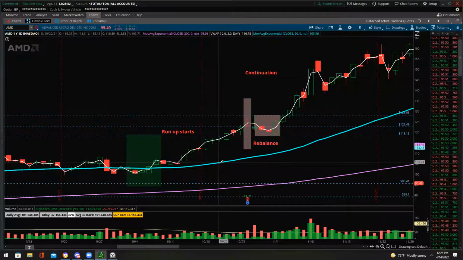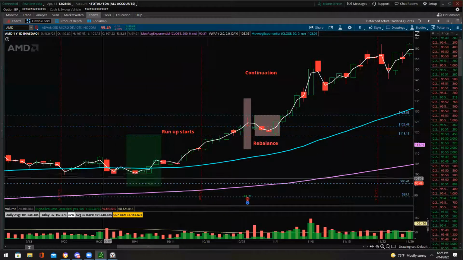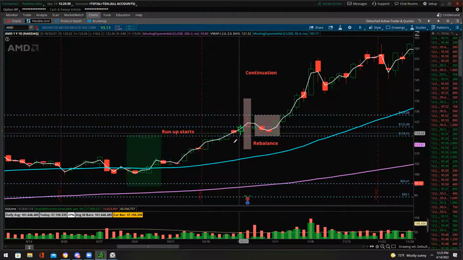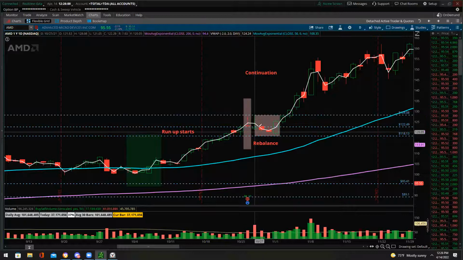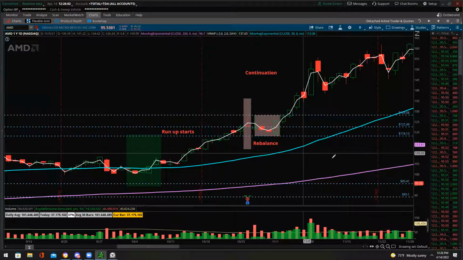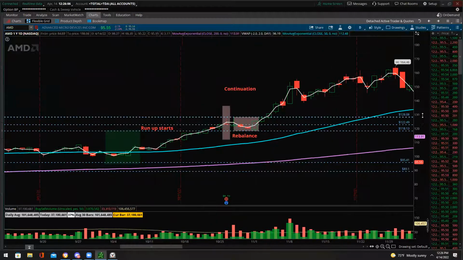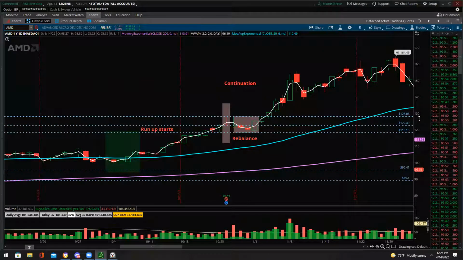So this is the exact same scenario. We get a run up during the earnings month. We get the aggressive buying right before the earnings event. We get the rebalancing state. Then we get that huge, huge continuation, right? Now, if you understand this, you could be making a fair bit of money.